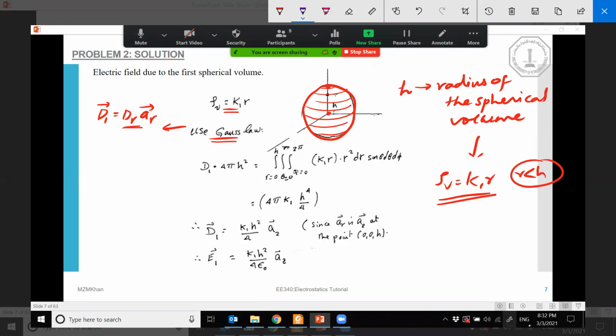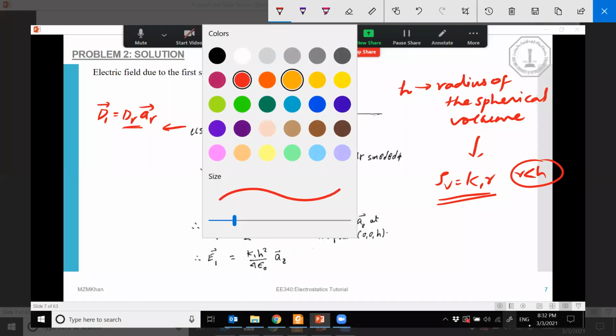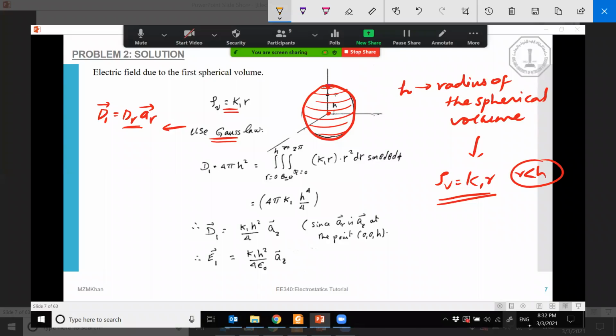Since I need to find it at a particular point, which is this one, H, then rather than using a variable R spherical shell as your Gauss's surface, I will use a fixed R.